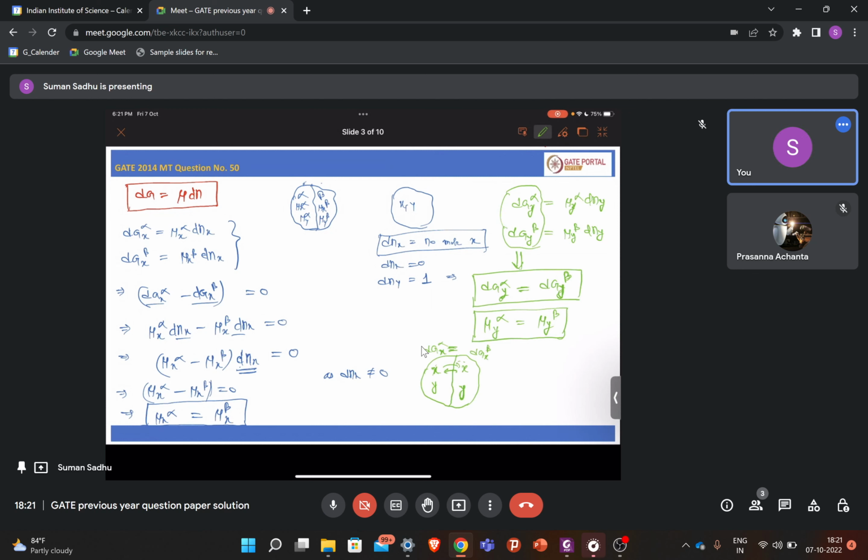So if we equate these two free energies, we will also find that mu y alpha is equal to mu y beta, and mu x alpha is equal to mu x beta. So that means the free energy of component x in alpha phase is equal to the free energy of component x in beta phase.